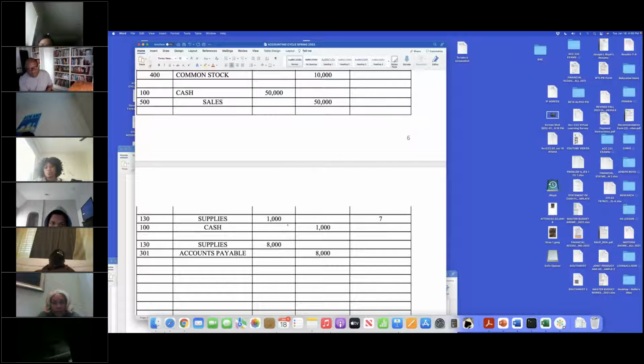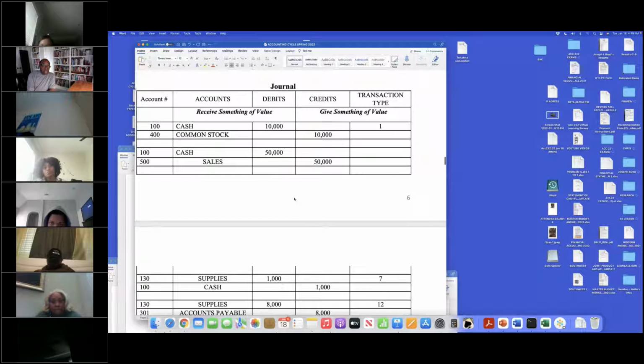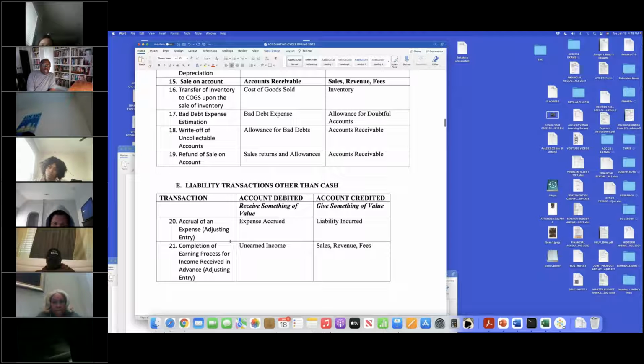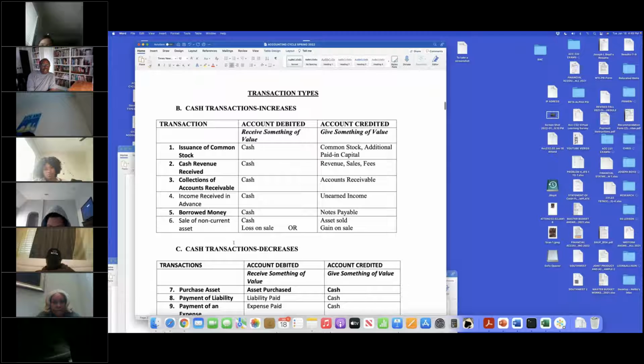So the way we always start a problem is you're going to have a set of transactions. You've got to go up and identify the type from 1 through 21. It's going to be one of those, and that's going to tell you the type of account to debit and credit.